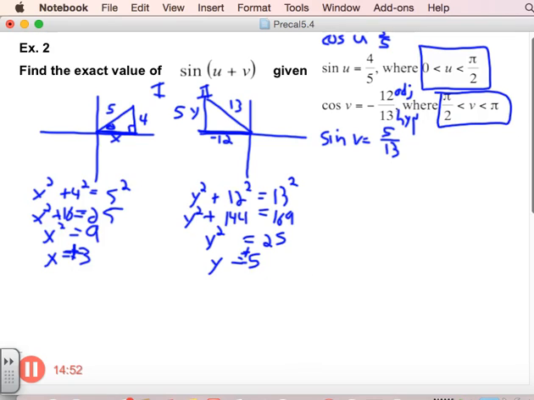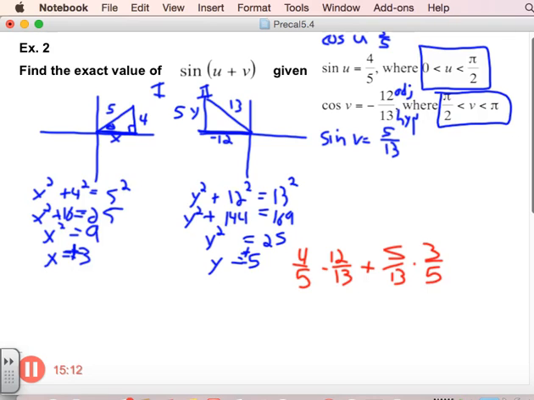Let's go ahead and plug it in. So sine of u is 4/5 times the cosine of v, which is negative 12 over 13. And then we're going to add, because our formula tells us to add, the sine of v, 5 over 13, times the cosine of u, which we found was 3/5.